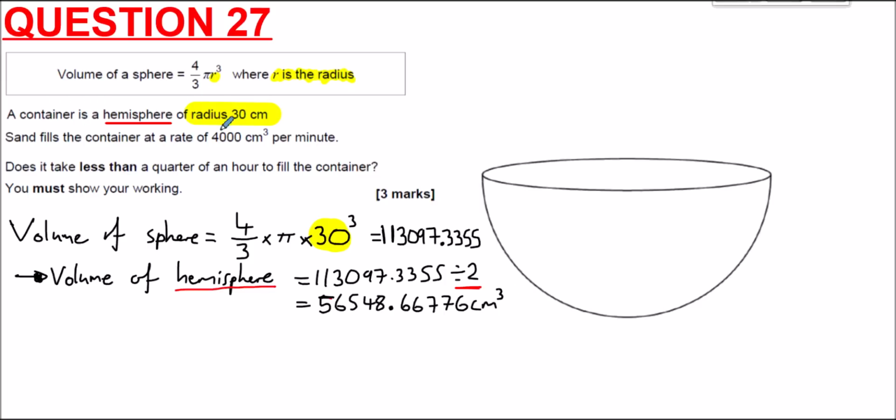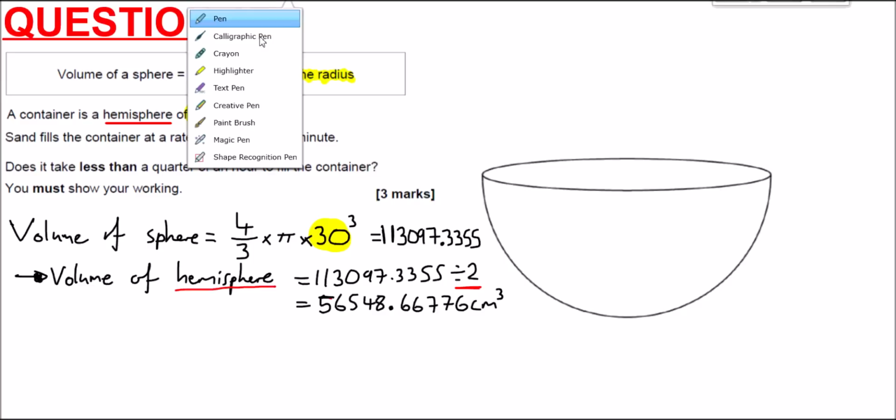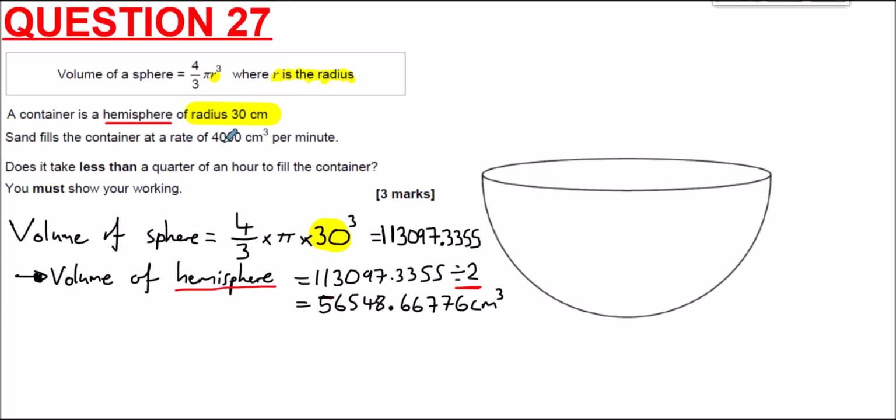Sand fills the container at a rate of 4,000 cubic centimetres per minute. And we need to answer if it takes less than a quarter of an hour to fill the container. So, one thing we are told is that each minute it gets filled with 4,000 cubic centimetres.